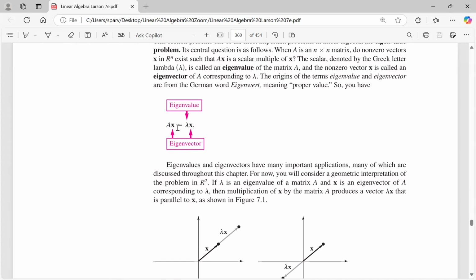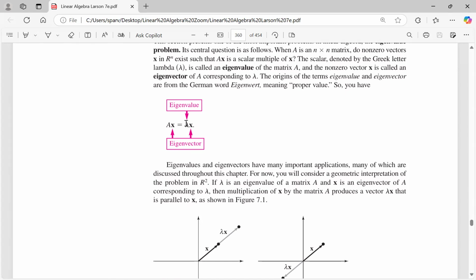And to the right, we have a scalar multiple of X. Because they're equal, lambda X, a scalar times a vector, gives you a vector that's parallel to X.